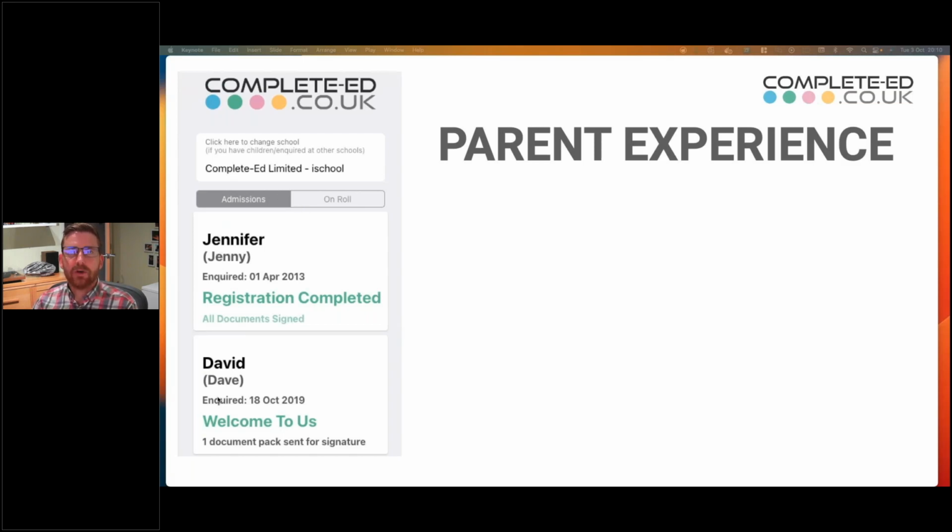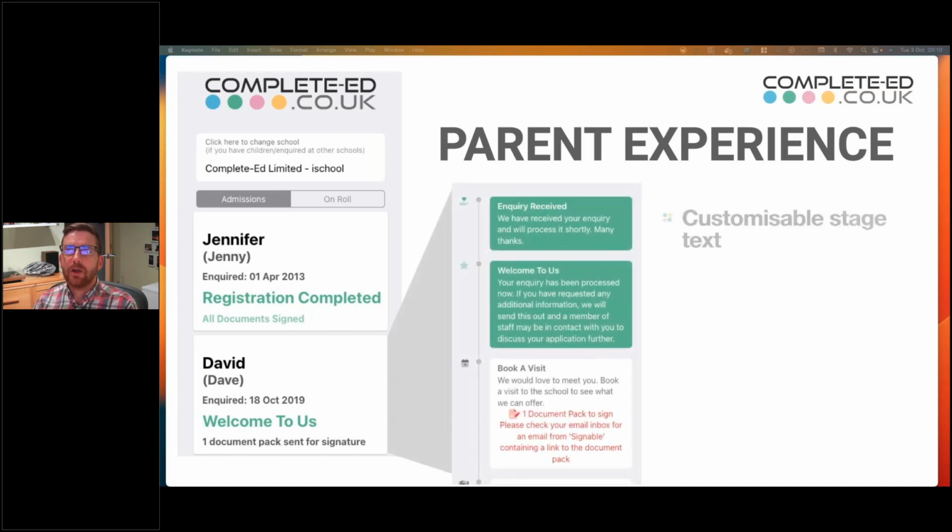You'll see underneath that, in this example, I've got two children in my parent account here. One of them, the registration is complete and all documents are signed, and one of them has got a document pack that's been sent to them for signature. When you click on the actual tile itself for the person, it goes through to another page where it shows kind of the route that people will take to join the school.